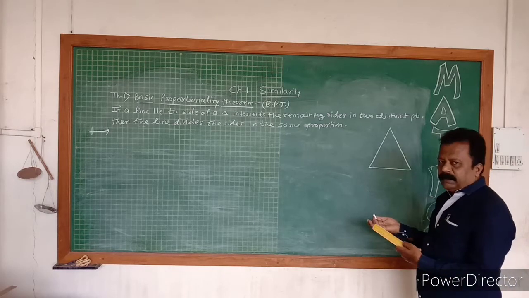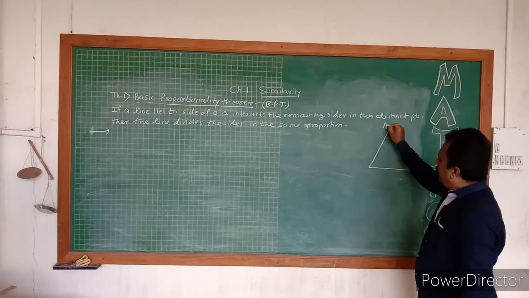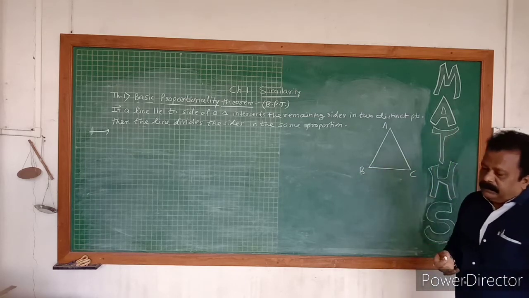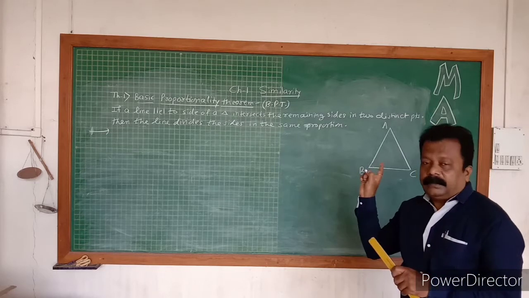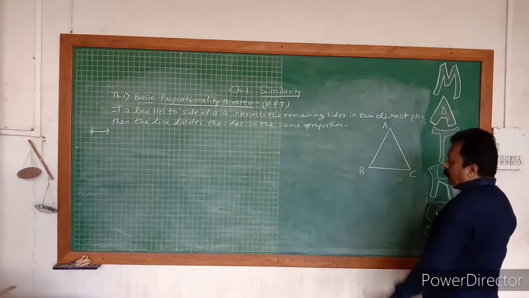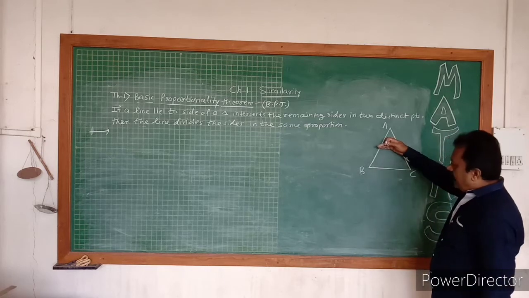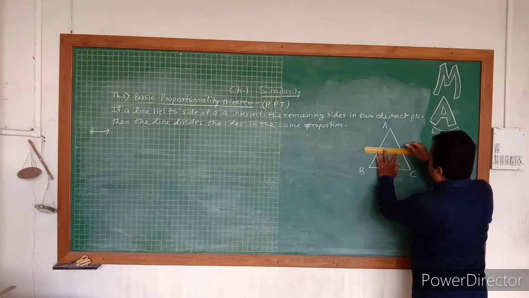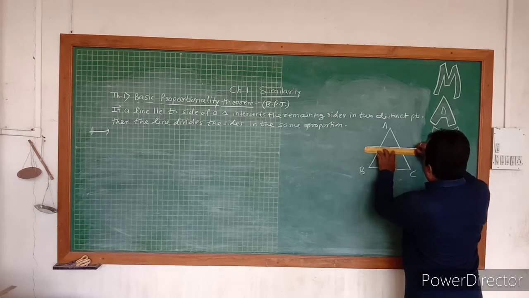You can write any letters; there are 26 alphabets, we can use any, but write capitals. I am showing the line parallel to side BC only, because you are generally practicing like this.